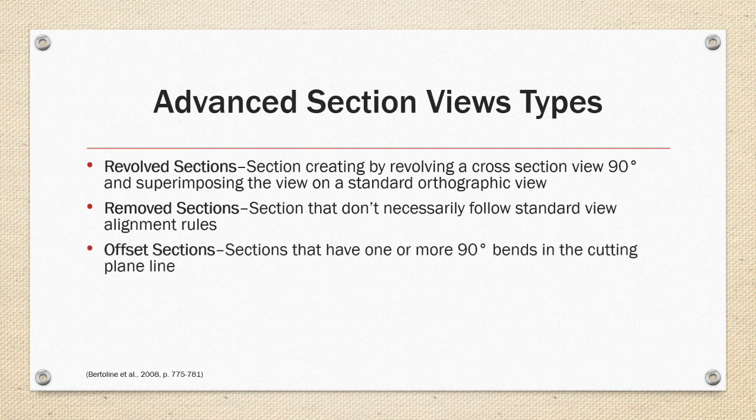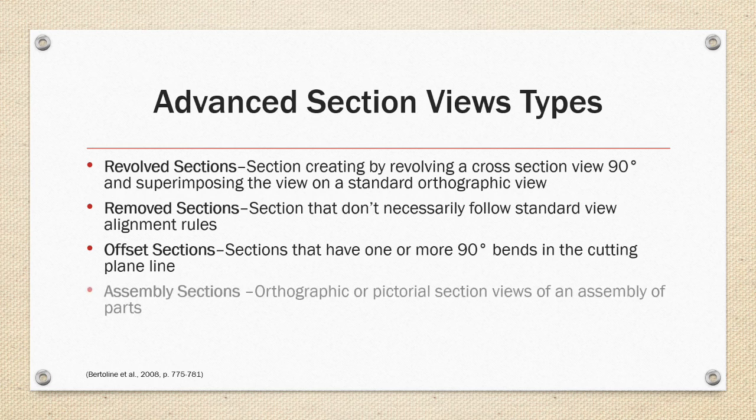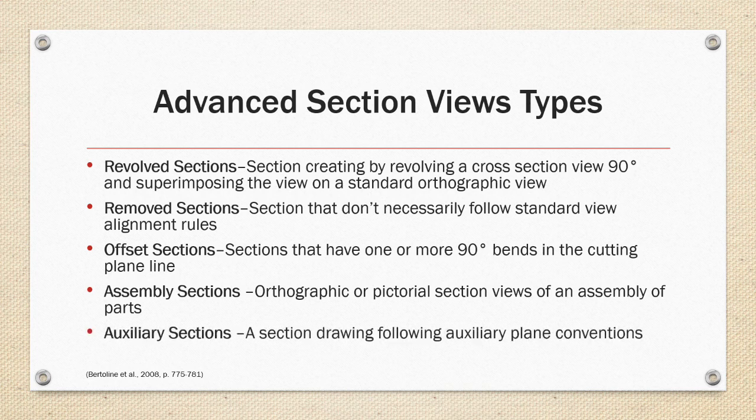Offset sections that have one or more 90-degree bends in the cutting plane line. Assembly sections, which can be orthographic or pictorial section views of an assembly of parts. And auxiliary sections that follow the projection conventions of both section views and auxiliary plane projection.